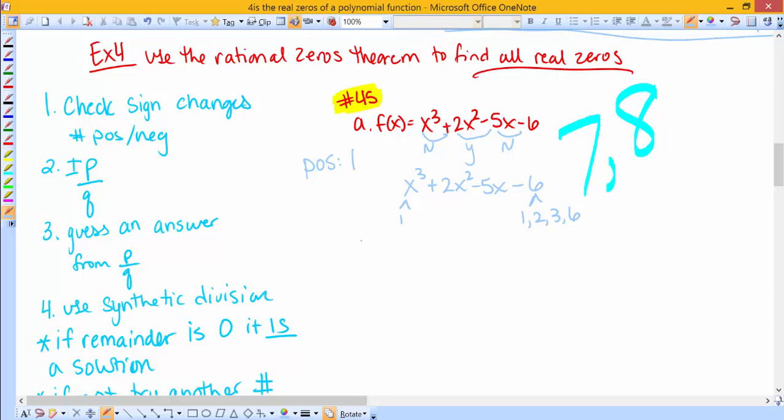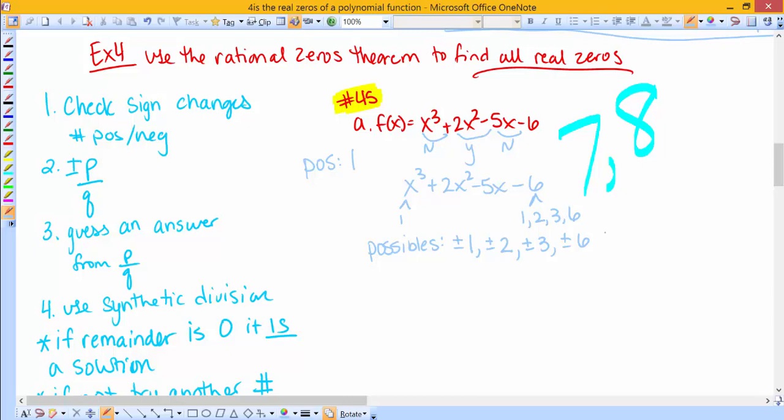So that makes it nice. So our possible solutions. Here are our possibles. P over Q. Plus or minus 1 over 1. Plus or minus 2 over 1, which is 2. Plus or minus 3 over 1, which is 3. Plus or minus 6 over 1, which is 6. So those are my possibles.